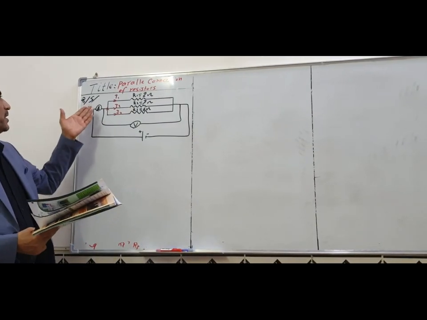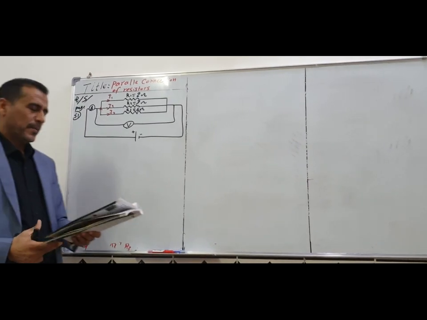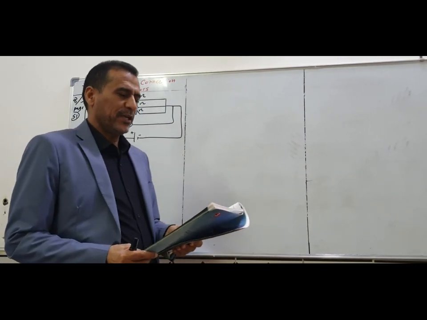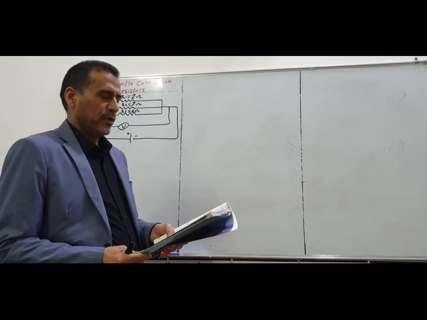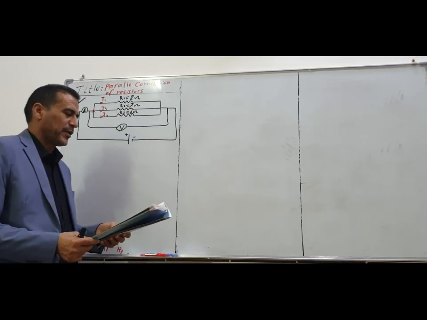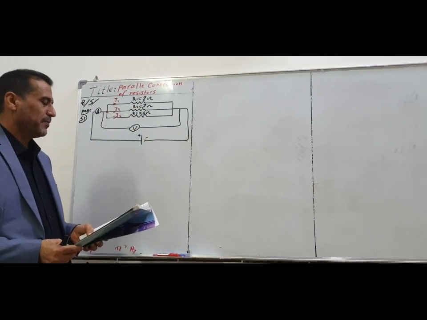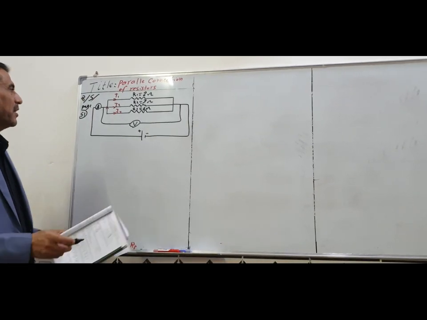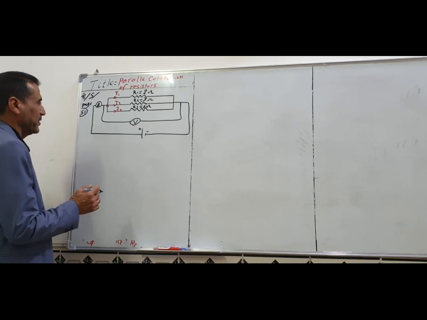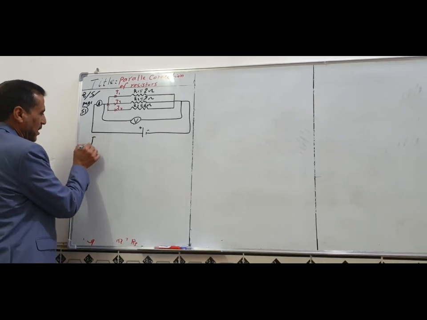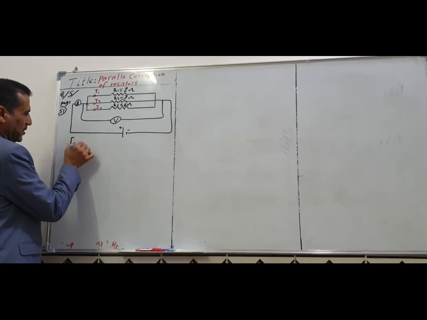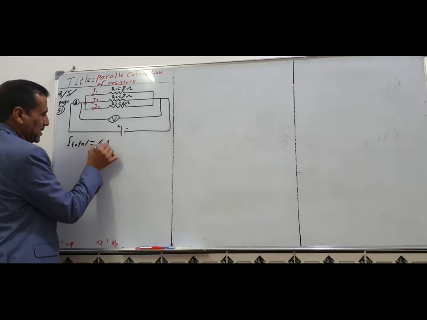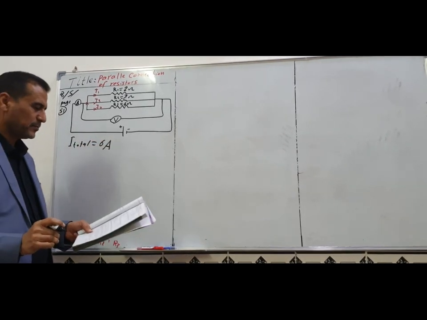Question 1.5 in page 51. If the reading of a meter which is connected to the electric circuit in the diagram is 6 ampere, the reading of the meter represents the amount of electric current. I total equals 6 ampere.